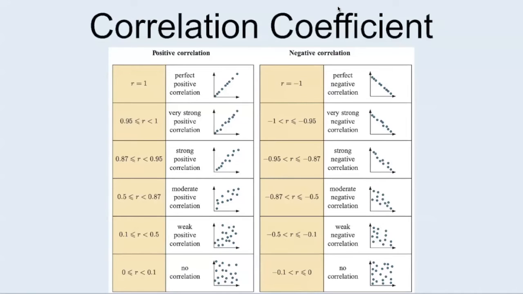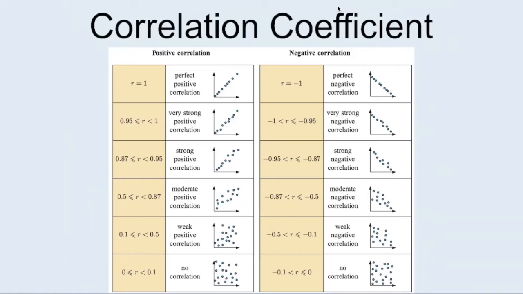The correlation coefficient will tell us more accurately how strong a correlation is. Now, we will be using our calculator to calculate the correlation coefficient today. So make sure you have your graphing calculator ready when we do that example.